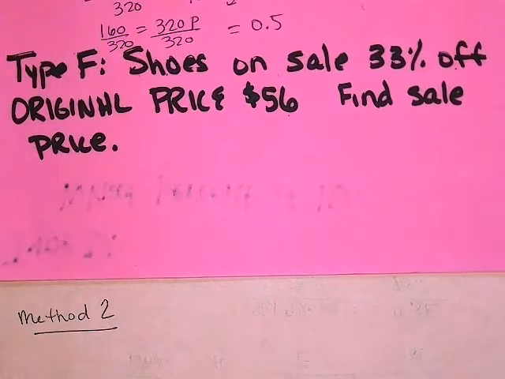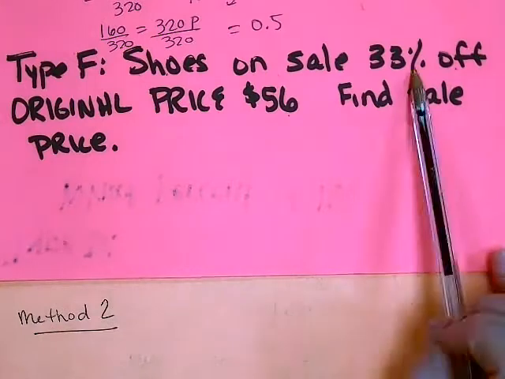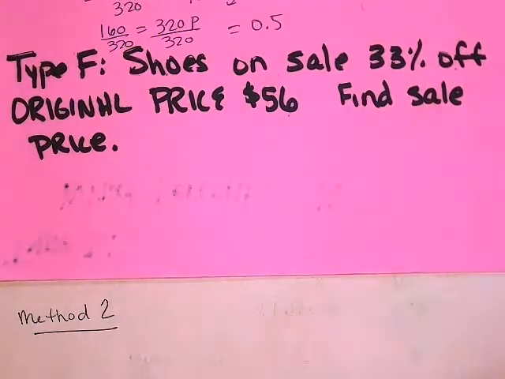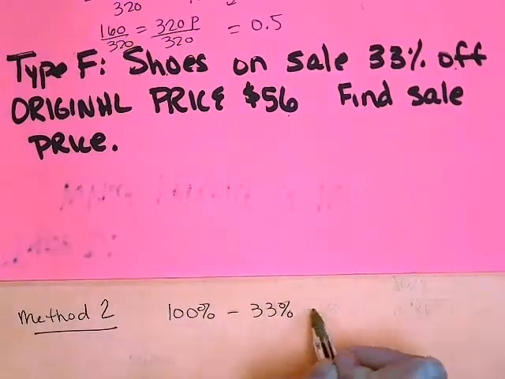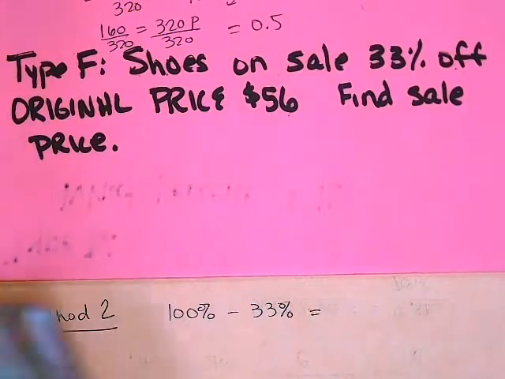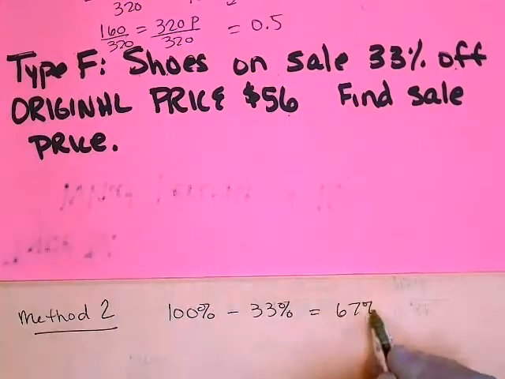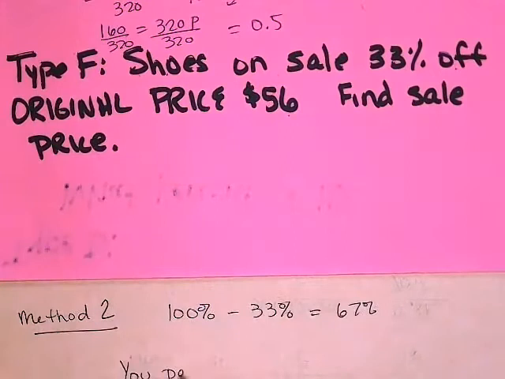And you would say 80, because you know those percentages have to add up to be 100%. Same with money here. 33% off, you're going to pay how much? What percent are you going to have to pay? 100% minus 33% leaves you with 67%. You pay 67%.